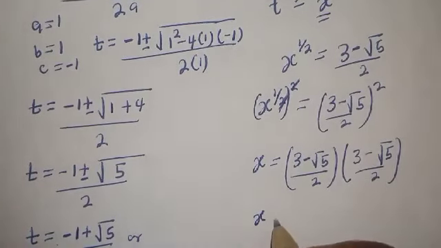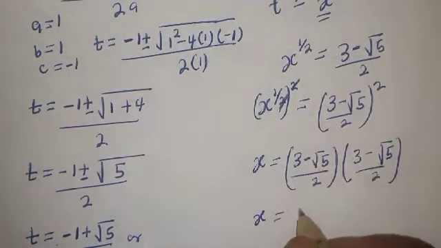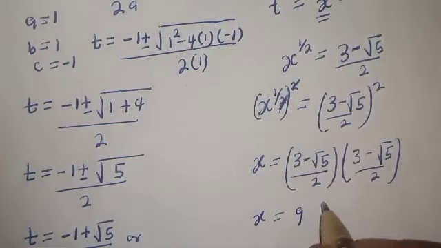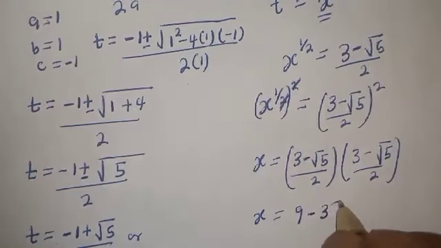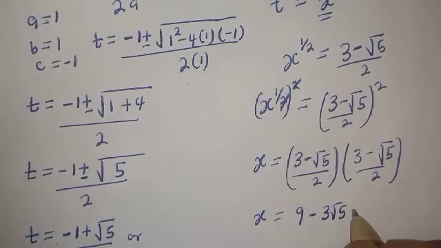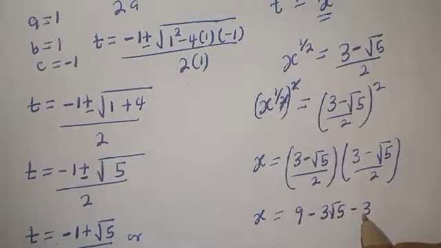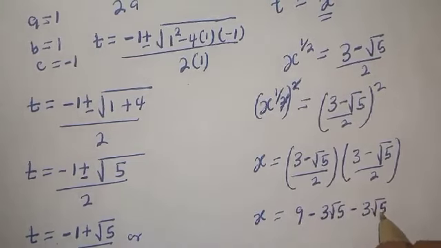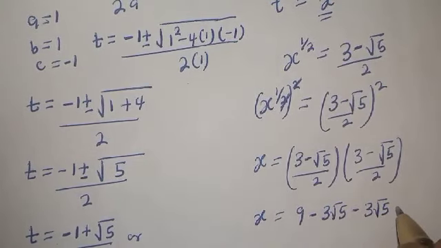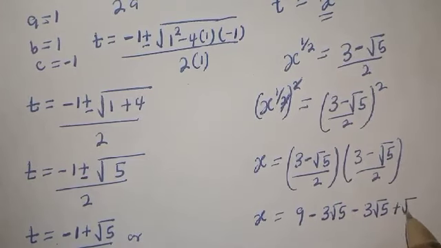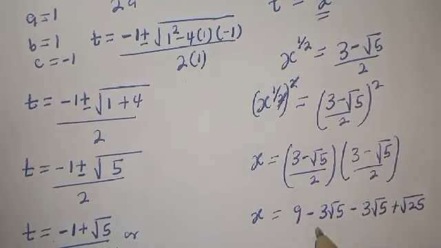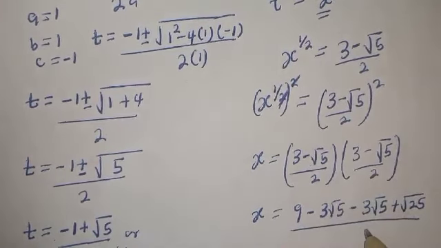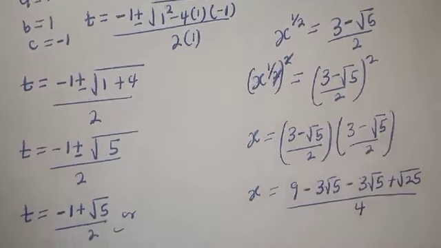Then x is equal to 3 times 3, that is 9, minus 3 times root 5, that is 3 root 5, minus 3 root 5, plus square root of 25, over 2 times 2, that is 4.